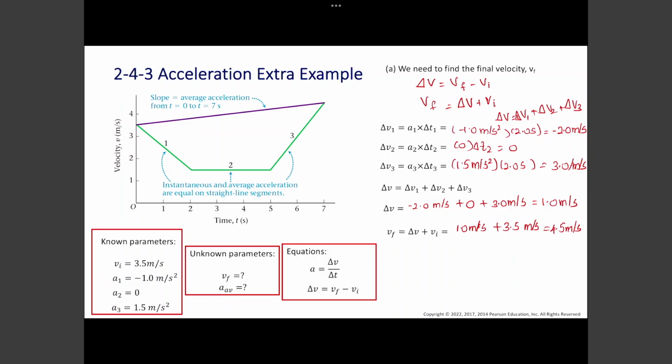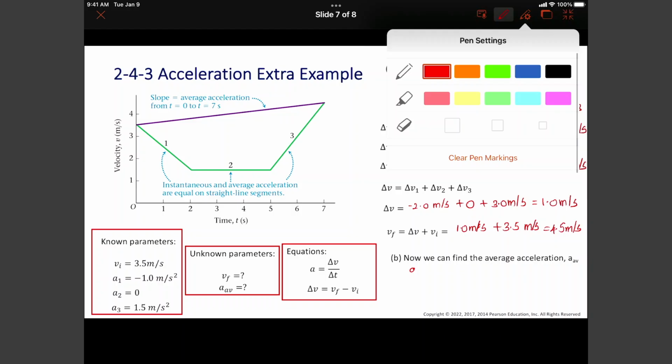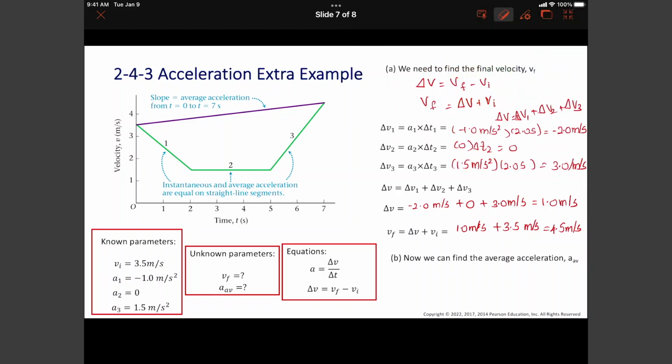Now we can find the average acceleration, a average. So a average is delta V over delta t. Now what is delta V? We just found the value of delta V, which is 1.0 meters per second. And what is the total delta t?